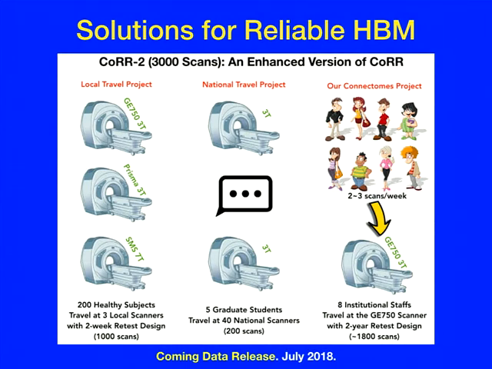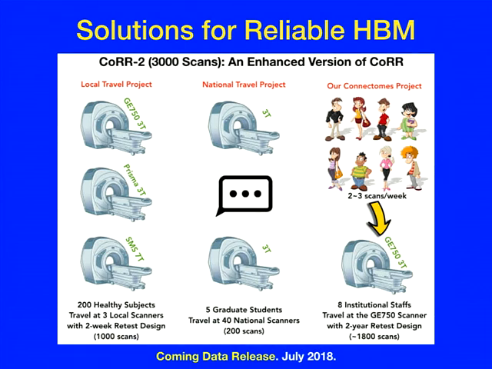So we really want to extract the standard estimation of those inter- and intra-individual differences across different scanners, different methods, different times, all those confounding factors. So we launched 3 projects.